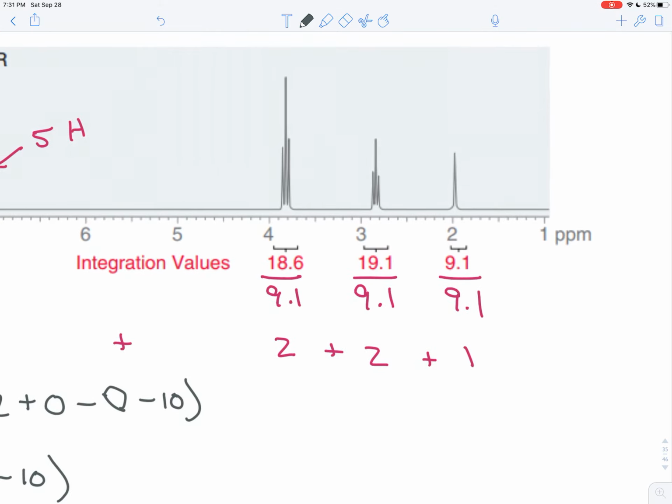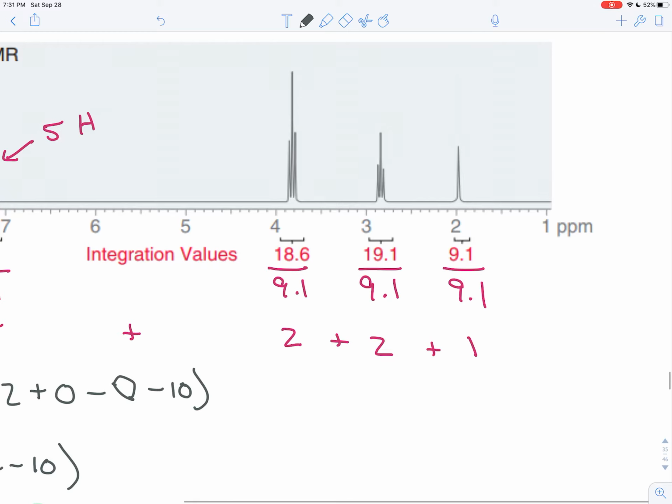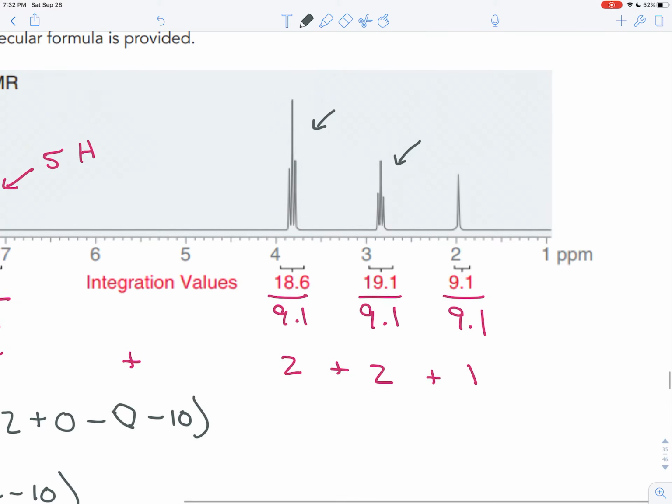All right, next, we have these other peaks. Here we have a triplet, and here's another triplet. Now, if you have a triplet, that means that there are 2 hydrogens next door. Remember the n+1 rule. You have 1 more spike in the splitting pattern than you have neighboring hydrogens.